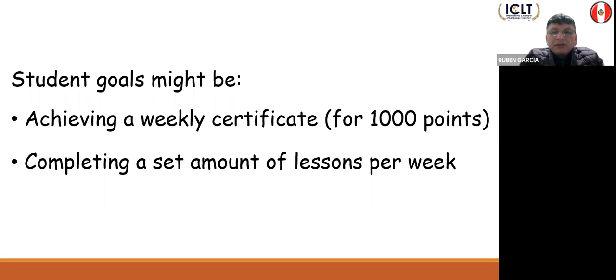Completing a set amount of lessons per week, yes. It's according to how much you need to get in advance, and that is set up by the course book you use. According to the course book, according to what you need to get every term, every semester, or every bimester.